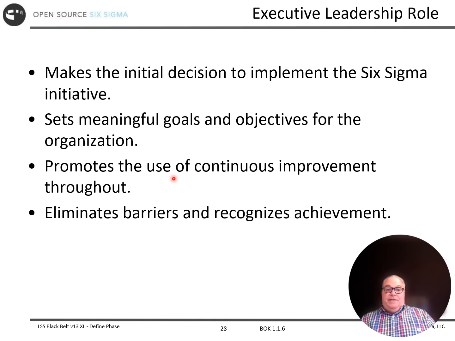What I really liked is it was not unlike Jack Welch to make it to some tailgate reviews for some of the projects. At Bechtel Corporation, Riley Bechtel would come. We would have a quarterly sort of science fair of projects, and he would walk around and talk to the teams that did some different improvement efforts, so he could get a feel for what some of the efforts were doing throughout the business.